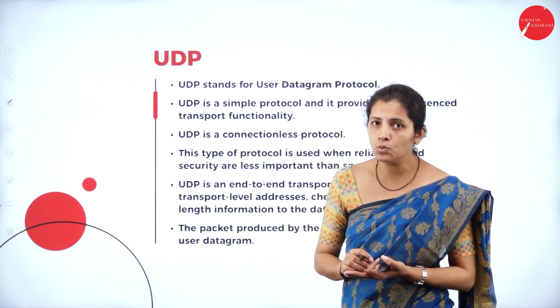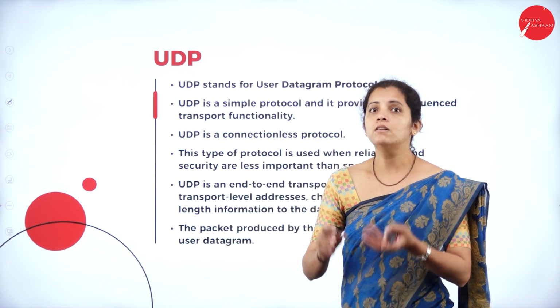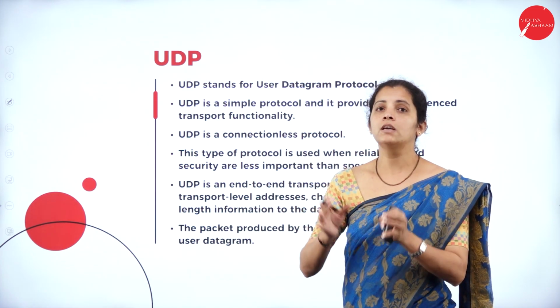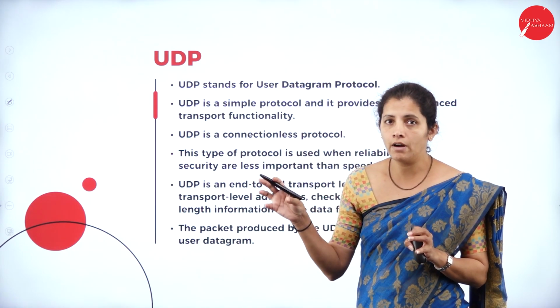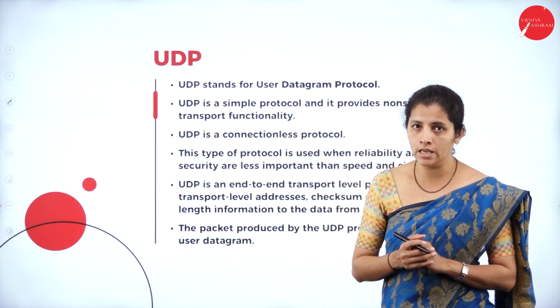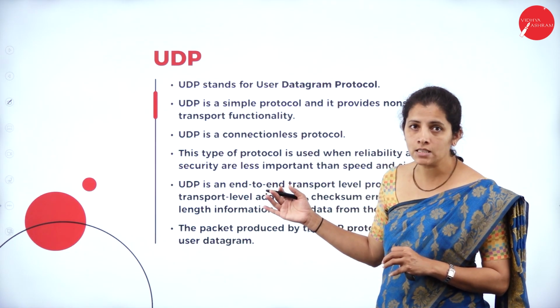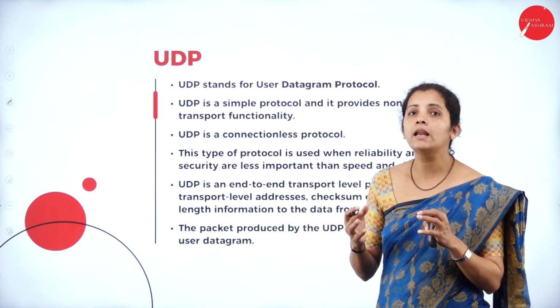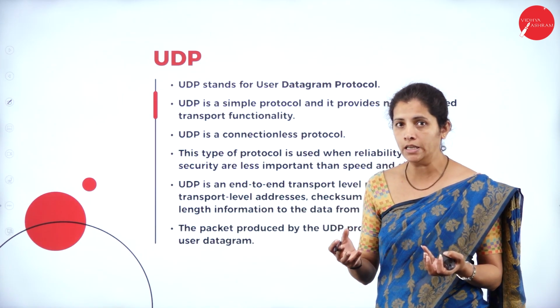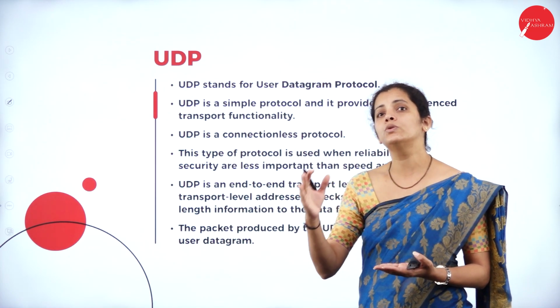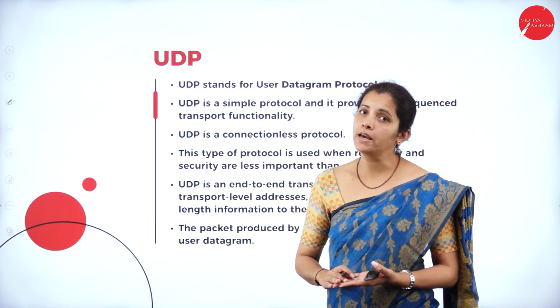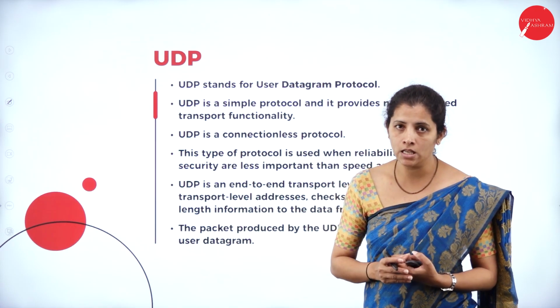What about connection oriented? There is a physical connection or a virtual connection between two devices or two entities. And what about connectionless? There is no connection between two entities. Then how are we going to transfer or receive the data? That is based on a broadcast mechanism.